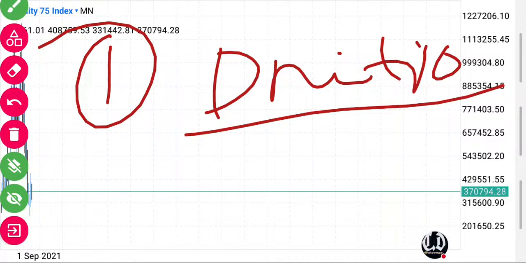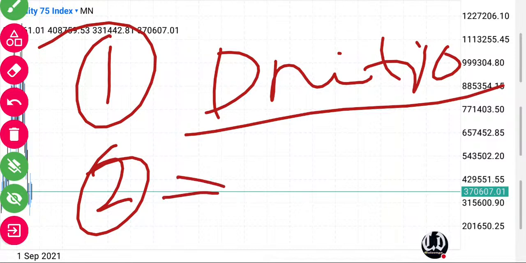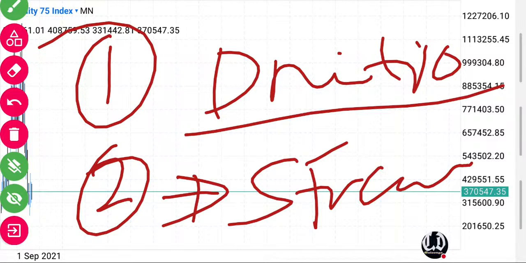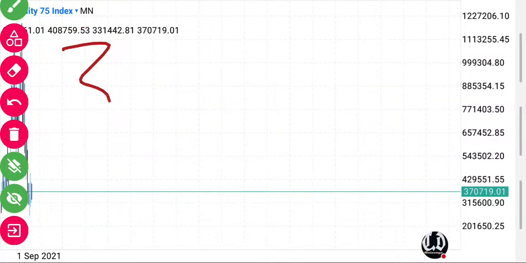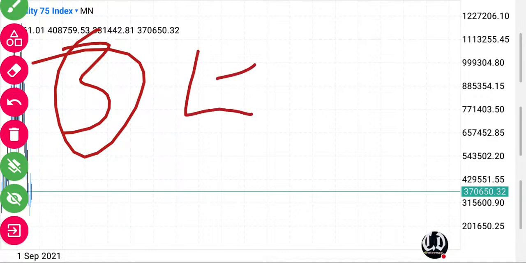After finding the direction of the market, number two, you have to get your what? Your structures. So after finishing getting the structures, step number three, you have to find your entry points, guys.